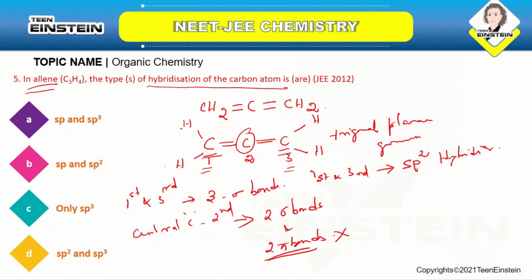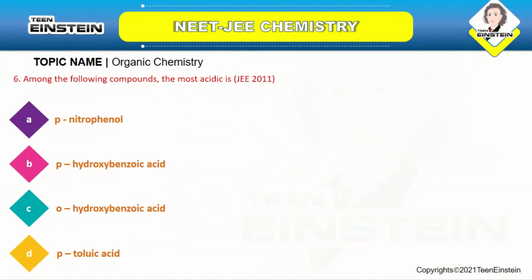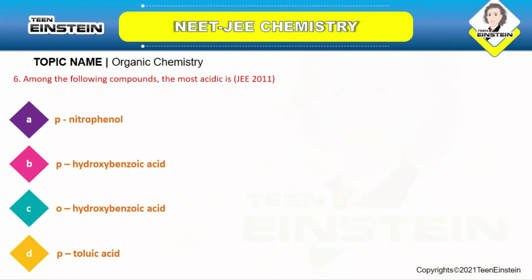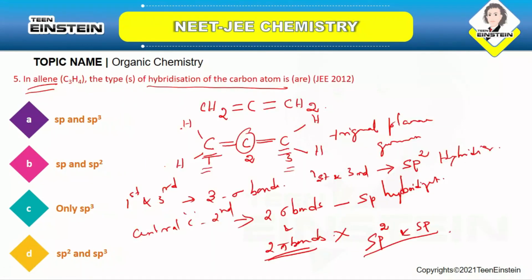So the hybridization of carbon 2 is sp. So in allene, the types of hybridization of the carbon atoms are sp2 and sp. So the correct option is option number B.